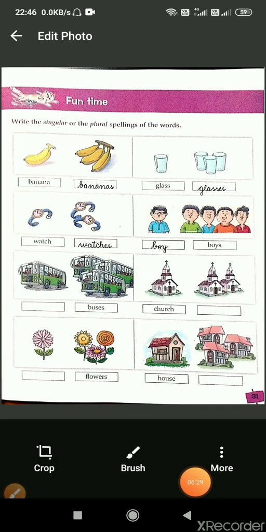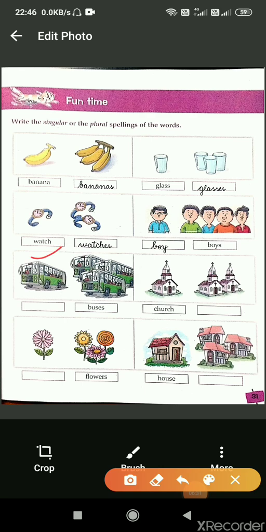Next word is watch. Again it ends with the letters CH, and again we have to use the same rule by adding ES. So the plural form will be watches. That is WATCHES, watches.